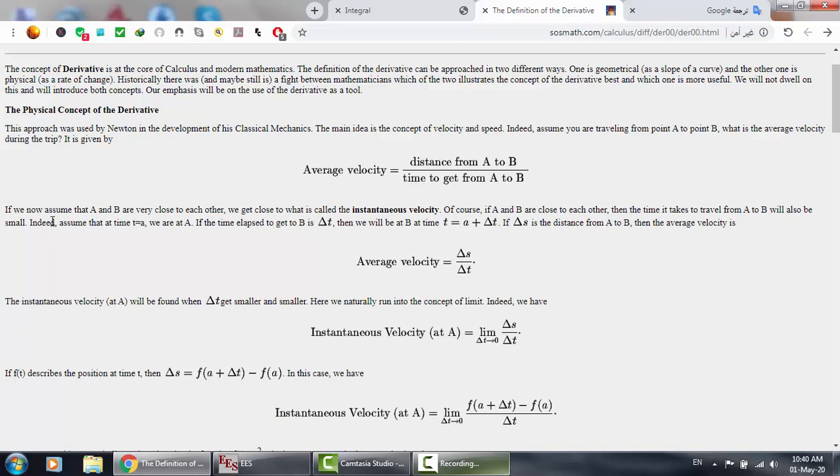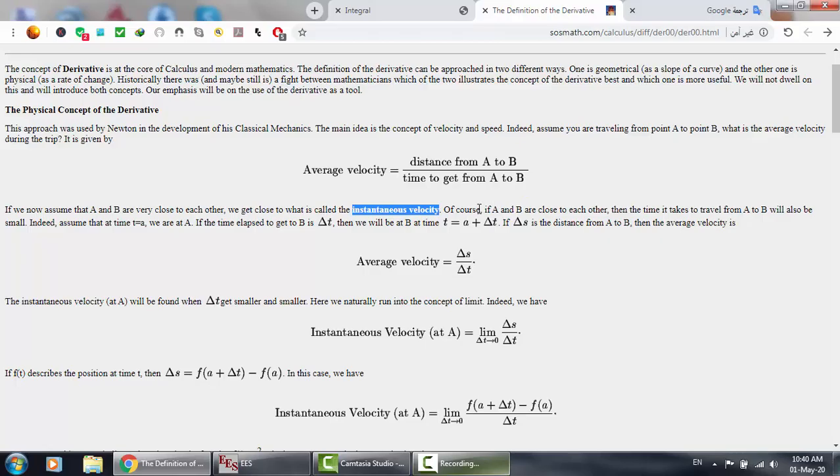Okay. So if we now assume that A and B are very close to each other, we get close to what's called the instantaneous velocity. Suppose that you are at A and B is very, very close to A. So this is not the average velocity. Why? Because the time to get from A to B will be very, very small.